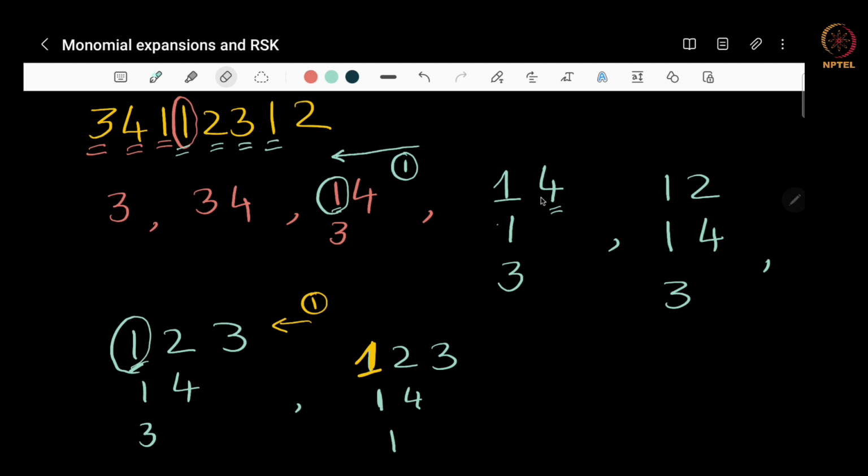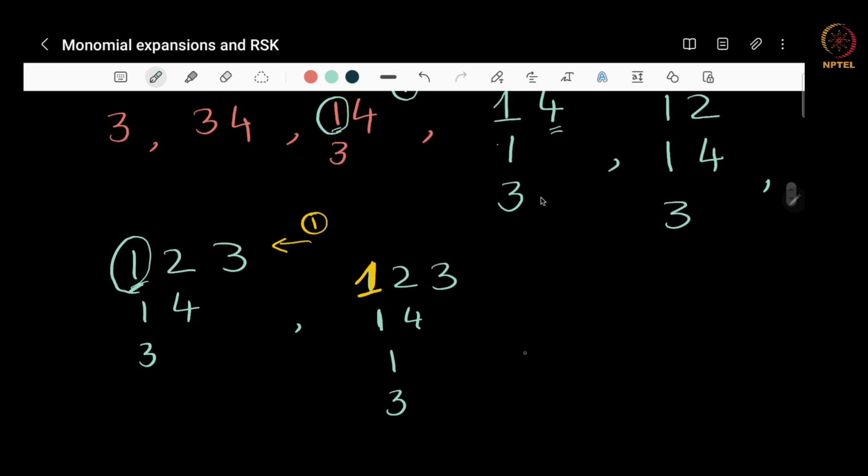Then finally you read a 2. Okay, what's that going to do? That 2 similarly, recall what will the 2 do? It will look here and find anything bigger than or equal to it. It finds this guy, this 2, and it bumps that out. So the new 2 goes in and bumps the old 2 out. Okay, that old 2 will try to enter the second row. Where can it enter? Well, by bumping the 4 out.